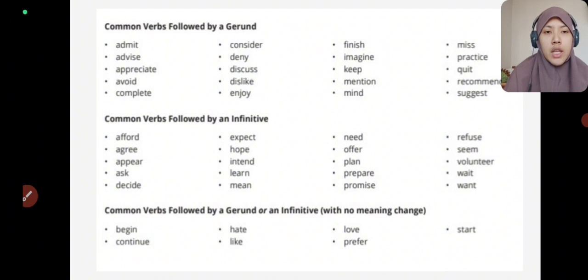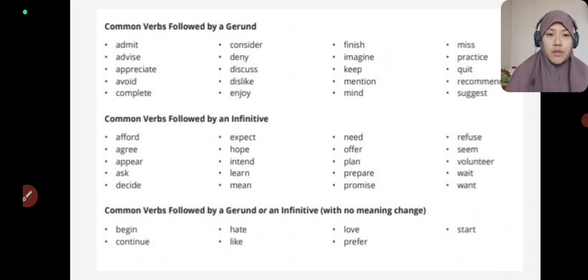Okay, here I show you a list of common verbs that can be followed by gerund or by infinitive. We also have common verbs that can be followed by both of them.